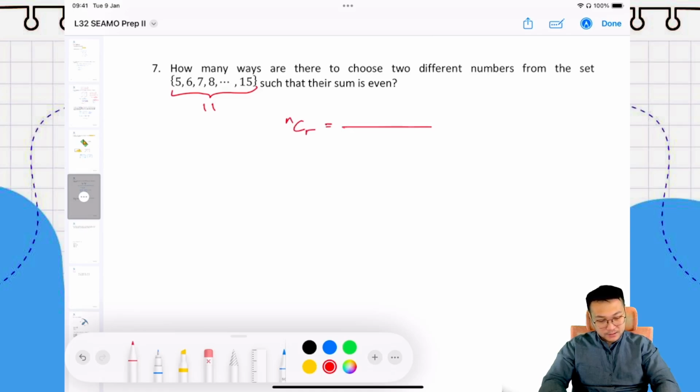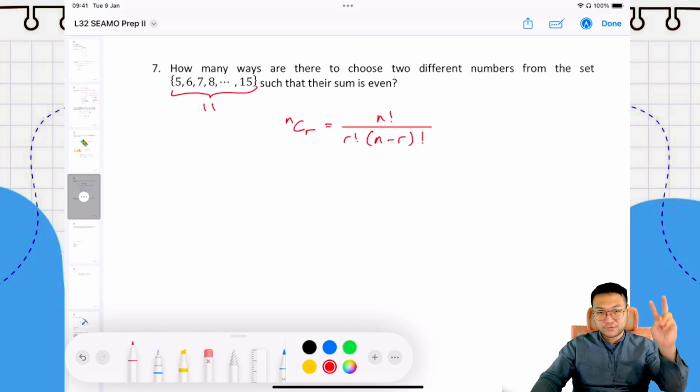What is the formula? n factorial over r factorial times n minus r factorial. Use this formula if you want, or you can use another method if you have your own method. But I'll give you 2 minutes. Let me know how many ways there are to choose two different numbers from this set so that the sum of them is even.